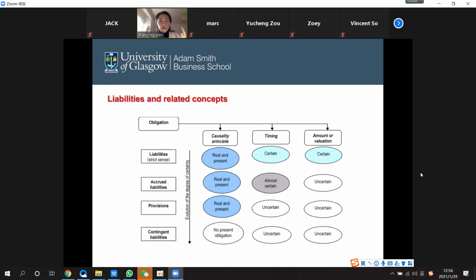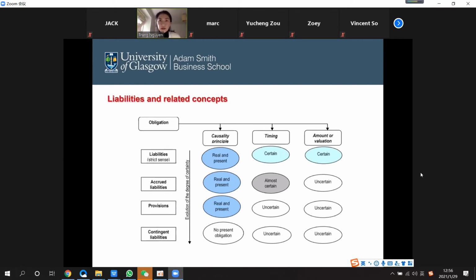Therefore, we need to identify them, and for contingent liabilities, we should consider whether there's a possibility that they will turn out as liabilities in the future or not.